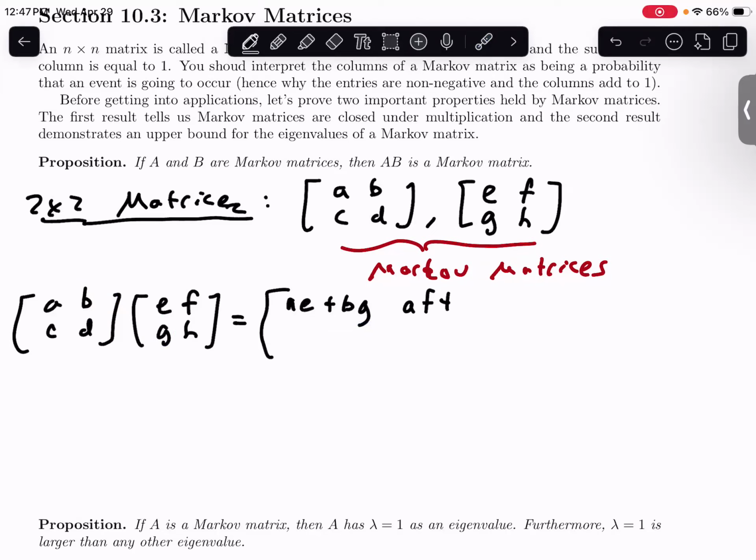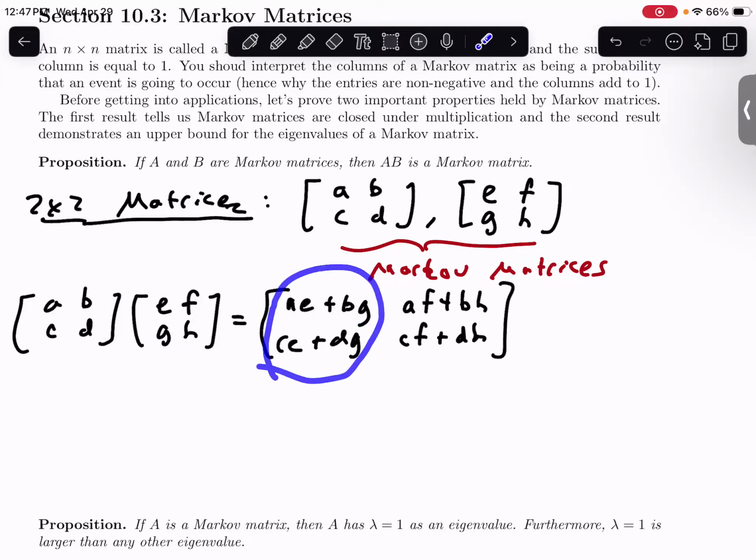So this is A times F plus B times H. You have C times E plus D times G, and then this is going to be C, F, plus DH. And so what we need to do is show that if I take the sum of this column, it's still going to be equal to 1, and if I take the sum of this column, it's still going to be equal to 1 as well.